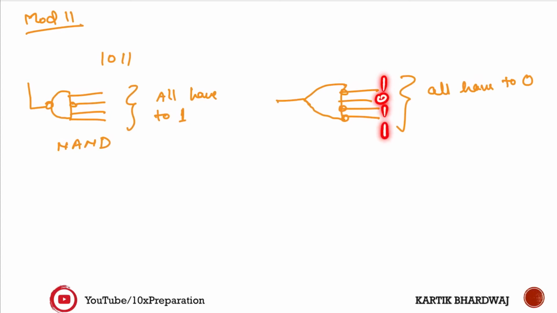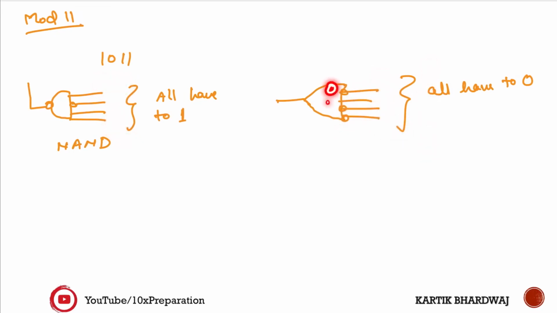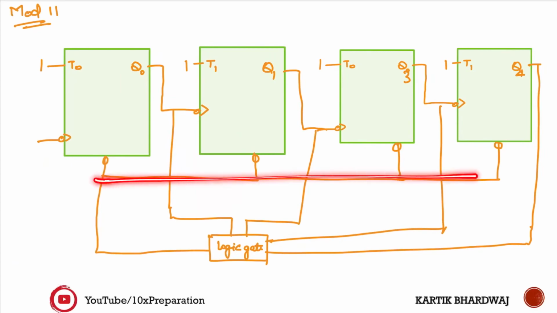This is considered as Q3 down to Q0. So you will put NOT gates. Whenever this 1 0 1 1 comes, at the same time this is going to be 0, this is going to be 0, this is going to be 0, this is going to be 0, and all zeros give you 0 only. And at the same time, this is going to clear.